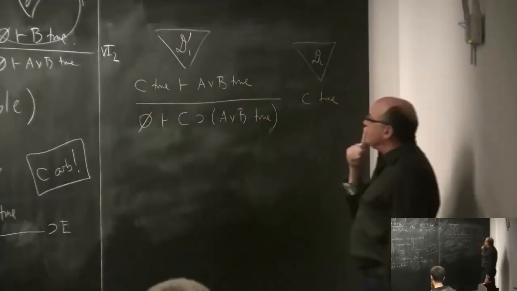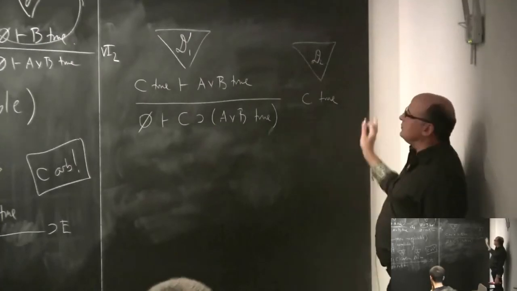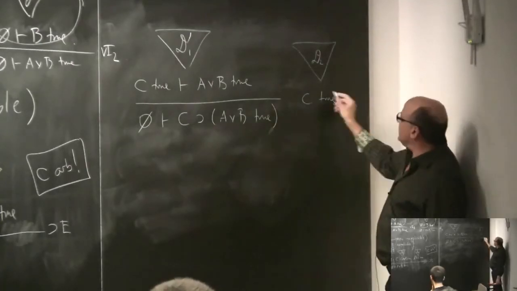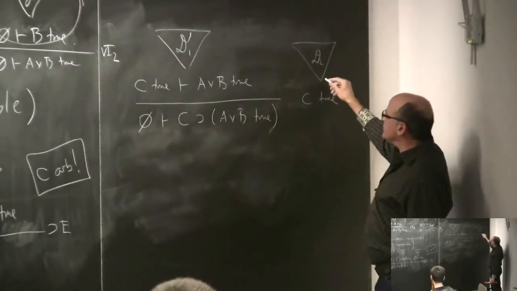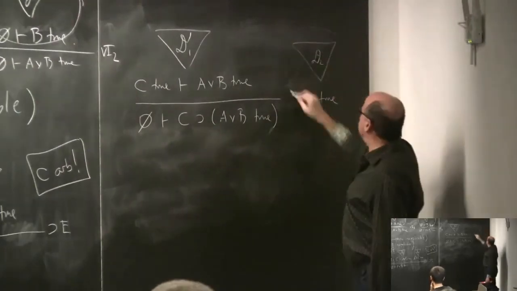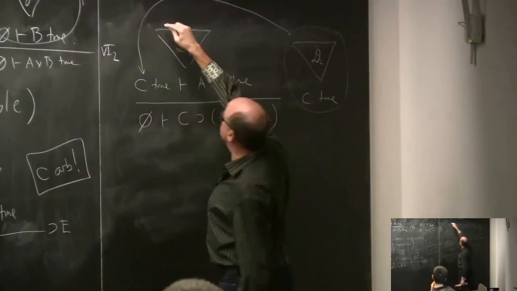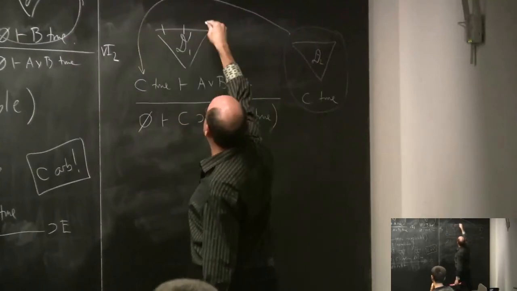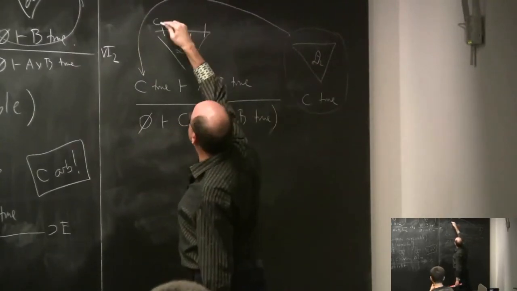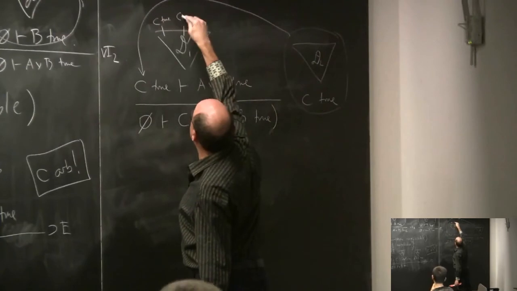Then you say, the way I'm going to deal with this is I'm going to inline the lemma. This whole thing can be plugged in for this assumption. This assumption appears here at the leaves.